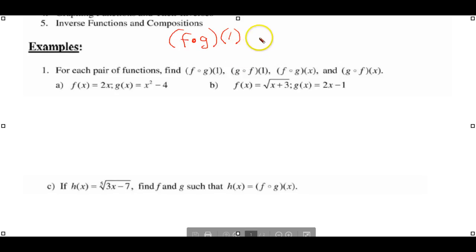Then later they're going to ask G composed of F, where they've just reversed these two functions, and it will be a 1. So we'll start easy, and again you'll be taking notes.